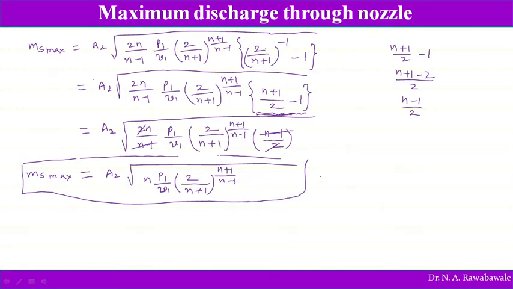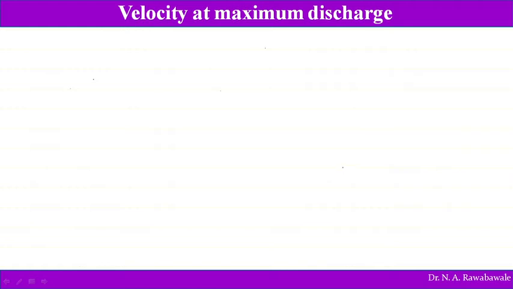So this we call as equation number. Now we'll go for velocity at the maximum discharge.